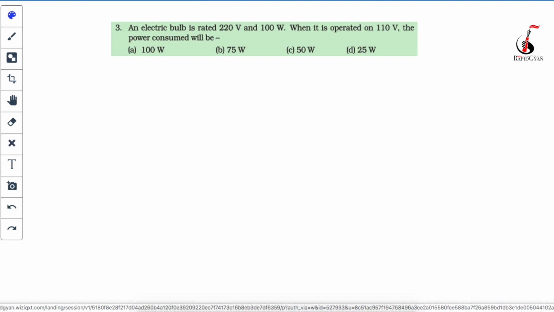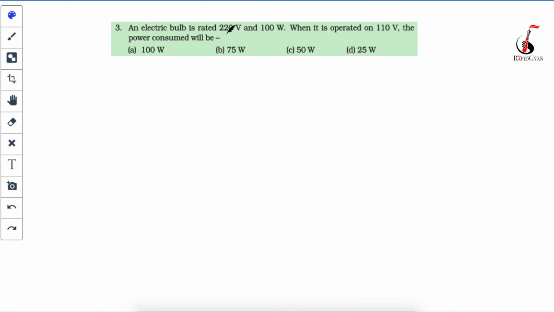So the information given is 220 volt and 100 watt. I will say V1 is 220 volt, and P1, power 1, is 100 watt.